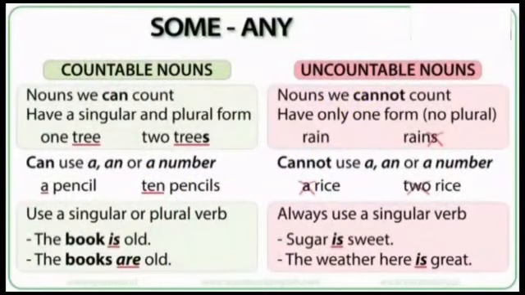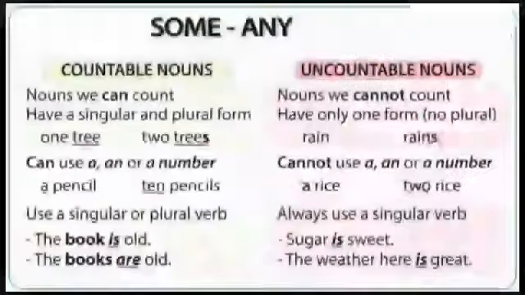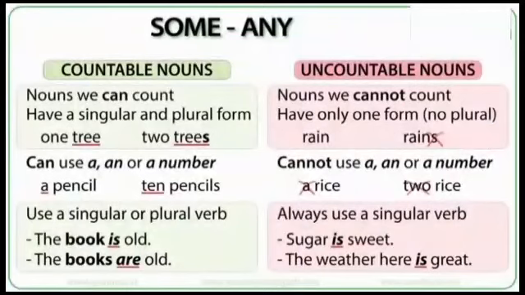Now we are going to talk about the first grammar lesson of Unit 7, the difference between some and any. To know this, we need to know what countable nouns and uncountable nouns are. Basically, nouns that you count, such as trees or books, are called countable nouns.